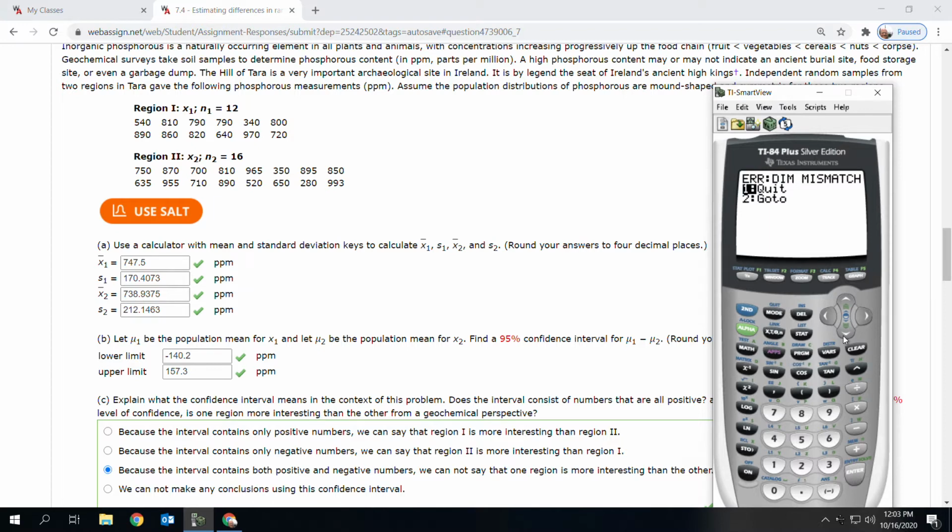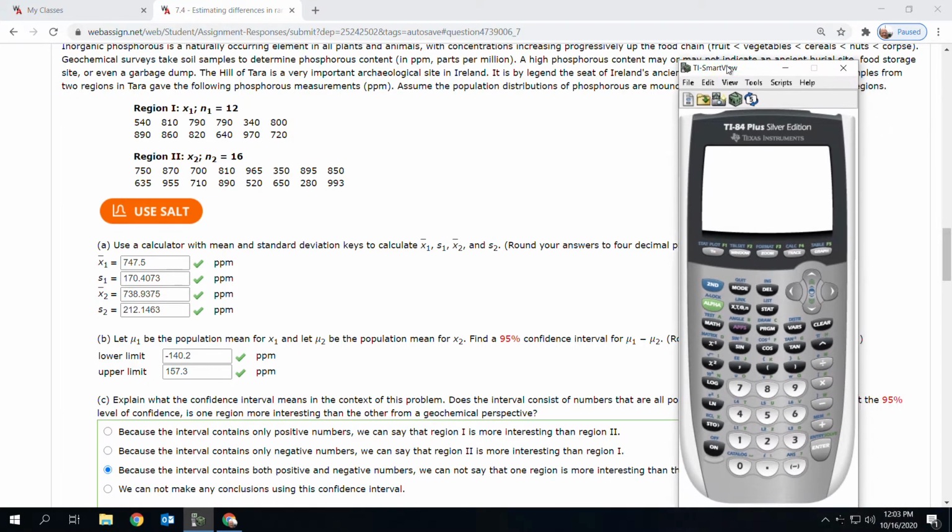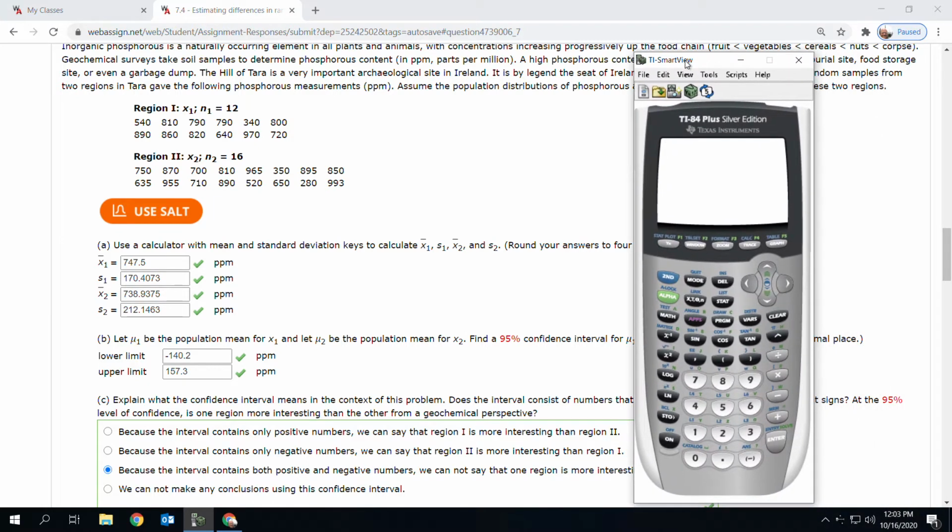Let's see, it doesn't like that. That's okay. Let's try another route. It's kind of nice to run into a few hiccups now and then. Stat, calc. Let's try one variable stats, and we'll just have to do it one column at a time.